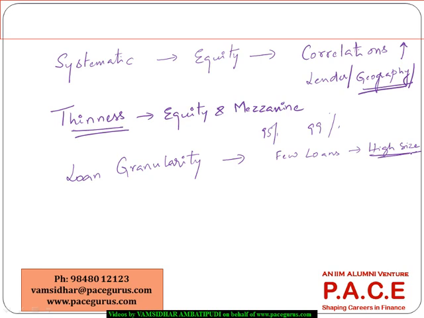But when we talk about the other way, a large number of loans of small amounts, the total worth of the portfolio is going to be the same in both of them, but here the risk is much lower compared to the other. So that is what we associate with loan granularity related risk, right?